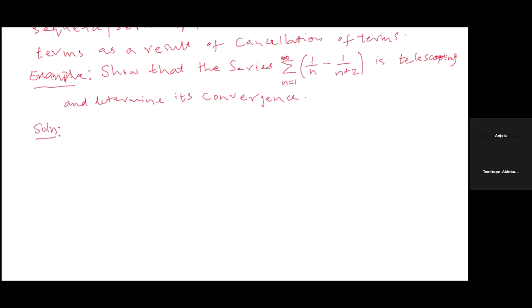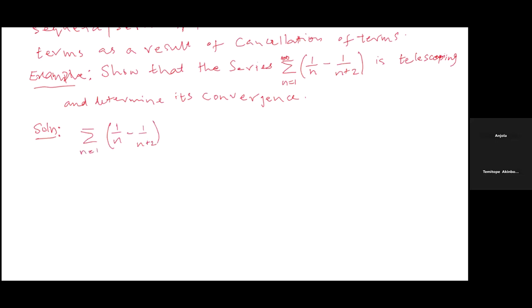So what we are going to do is to get the partial sum, Sn, by taking values for n. That is, I will start by saying when n is 1, when n is 2, and so on. So we have summation 1 over n minus 1 over n plus 2, n running from 1 to infinity.